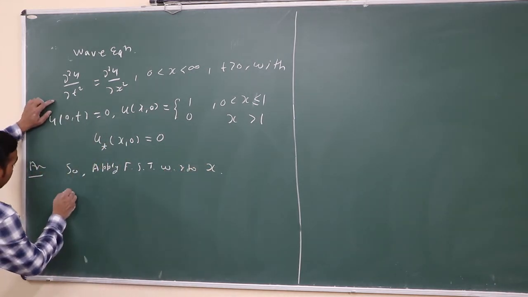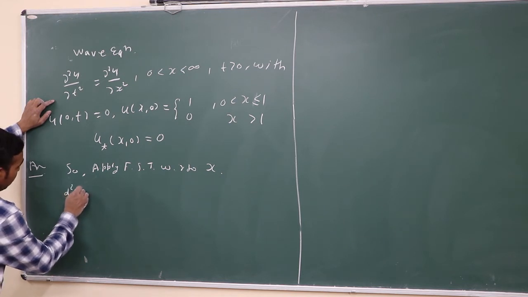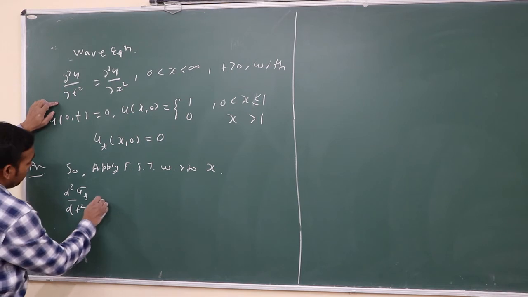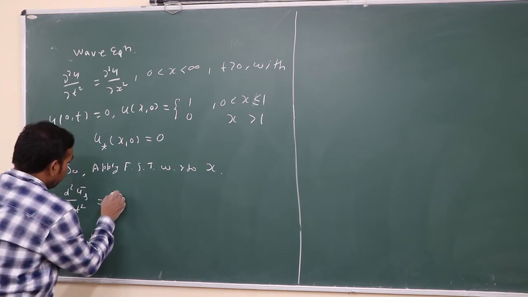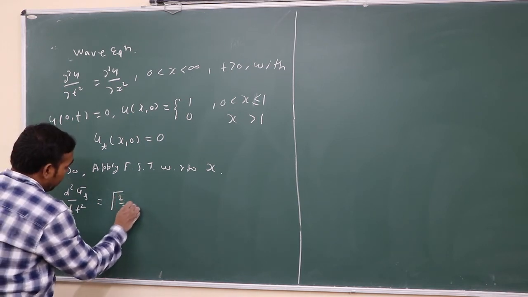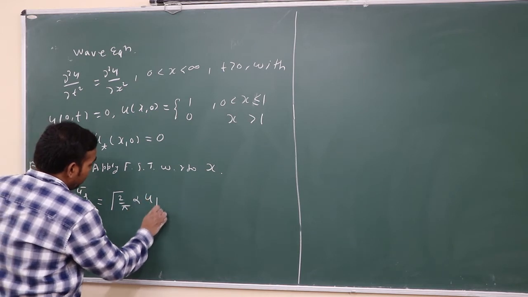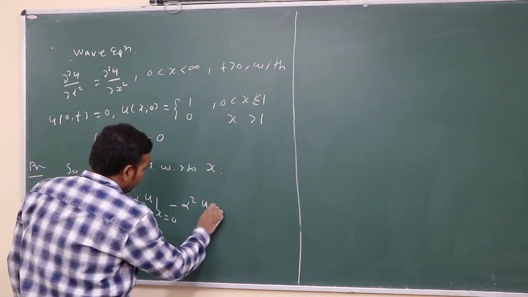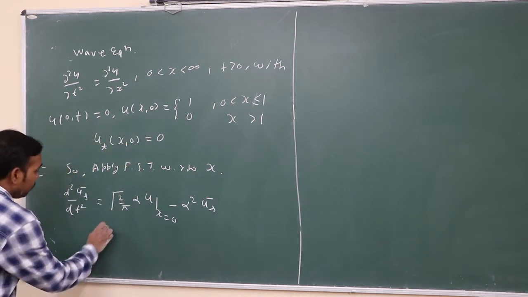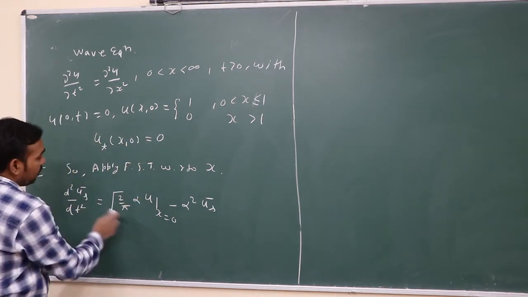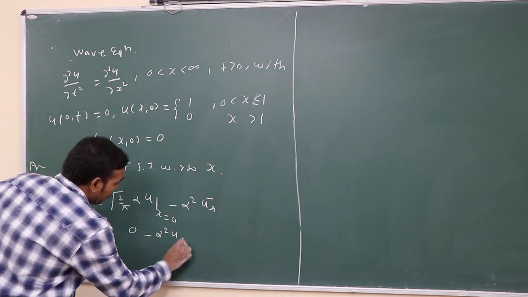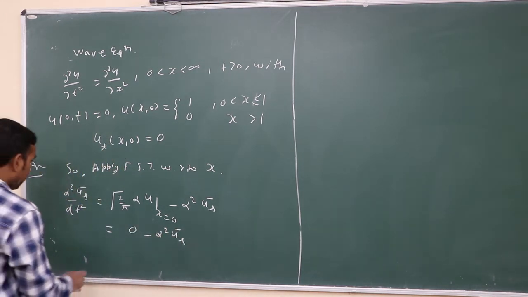So we simply get d square u s bar upon dt square equal to under root 2 upon pi, alpha u at x equal to 0, minus alpha square u s bar. At x equal to 0 this goes to 0, minus alpha square u s bar.